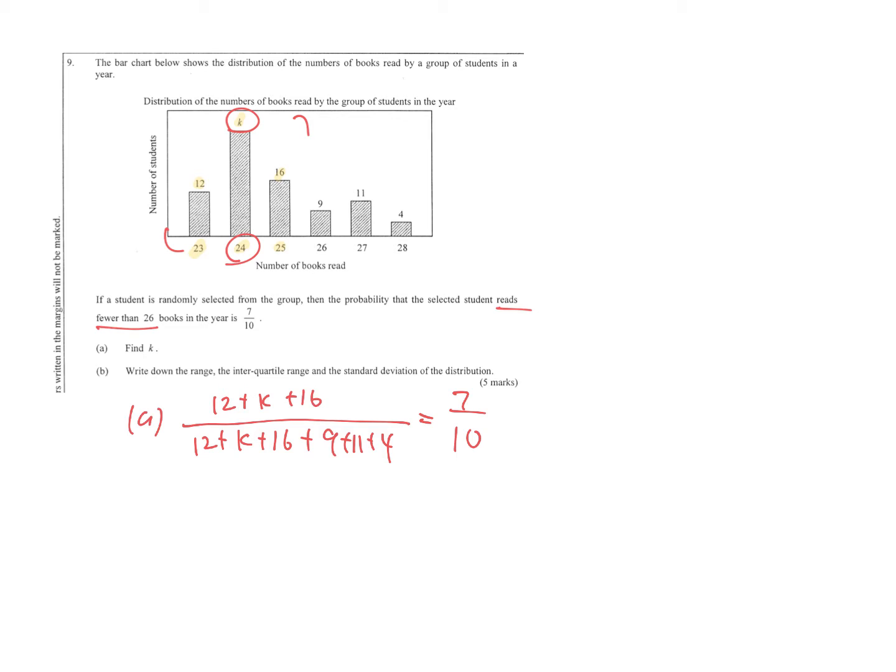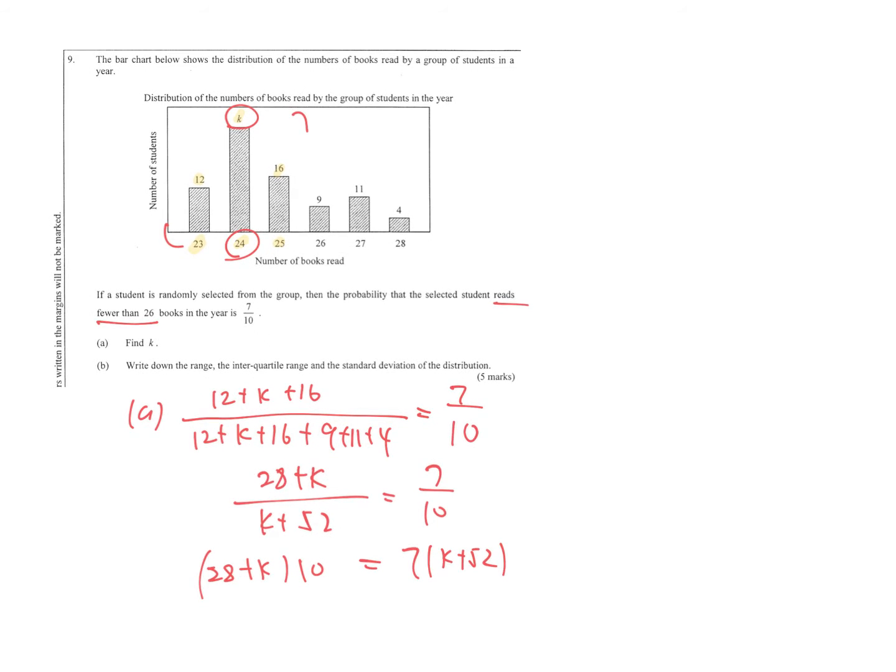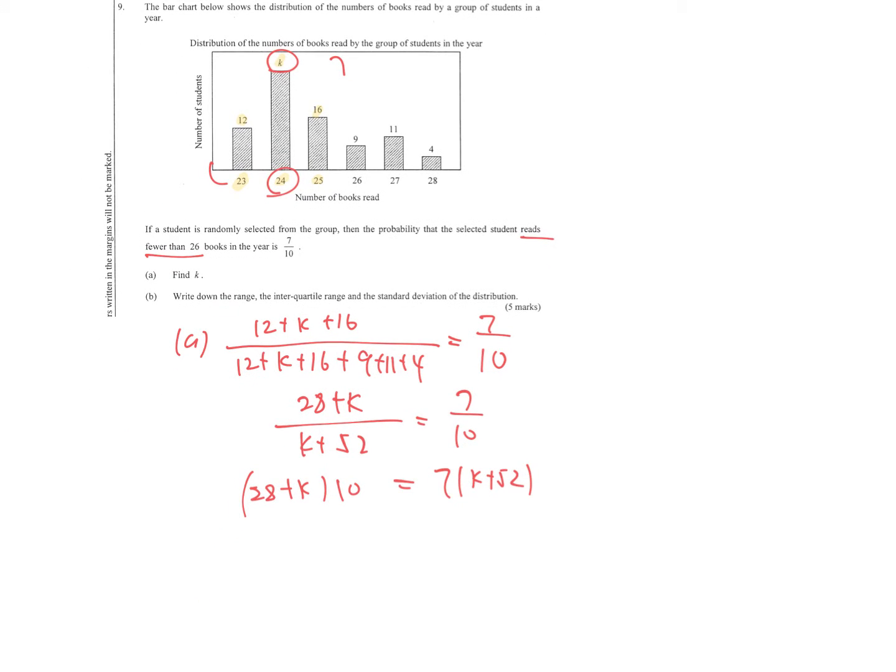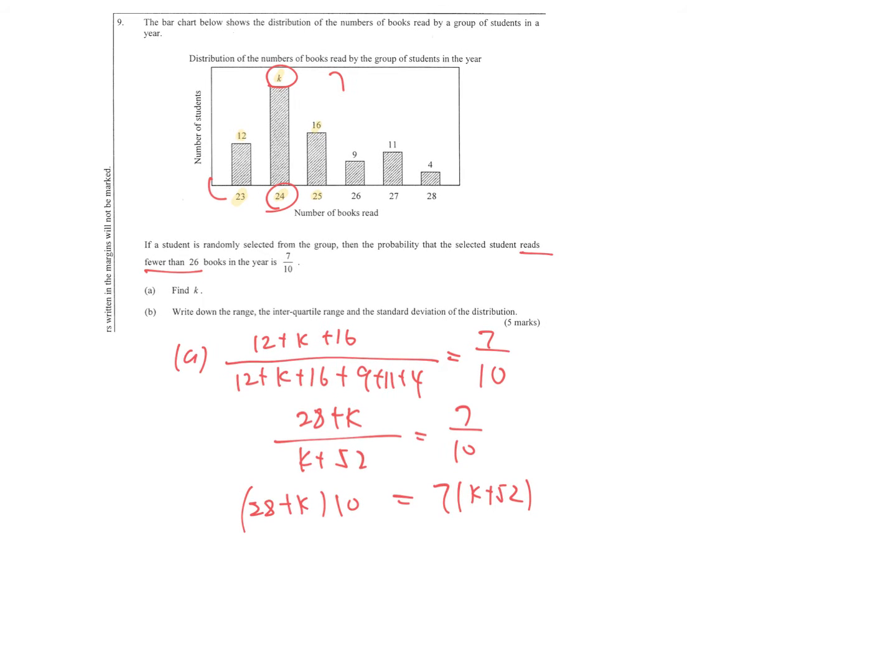So after simplifying the left hand side, it becomes 28 plus k, and then for the denominator, you get k plus 52. So when we do the multiplication on both sides, 280 plus 10k equals 7k plus 364.